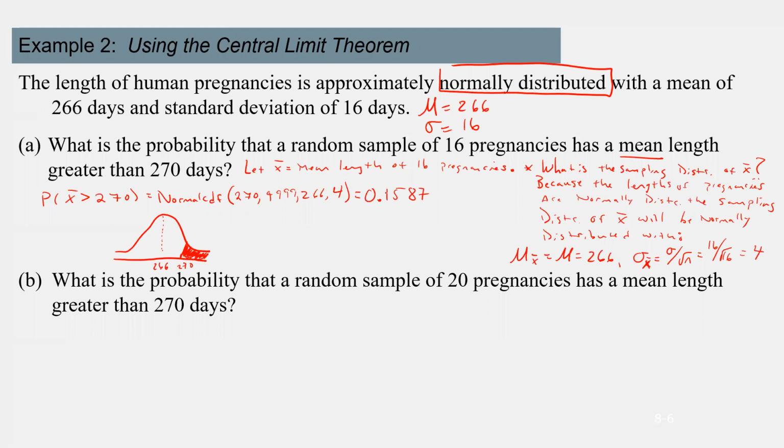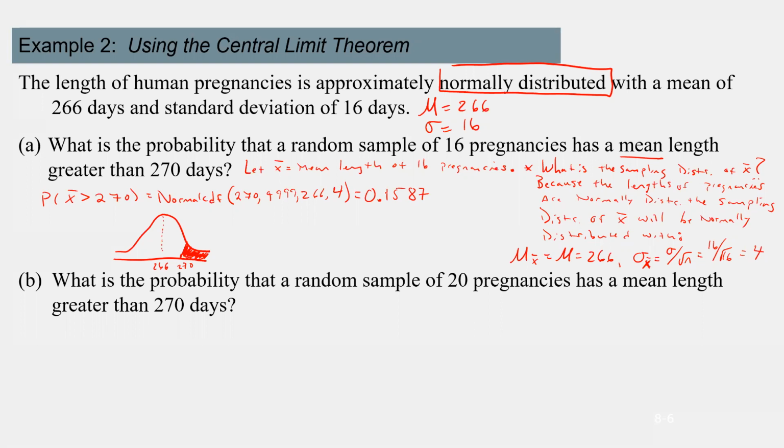All right, let's try this next one here. There's a subtle difference in this one. What is the probability that a random sample of 20 pregnancies has a mean length greater than 270? What's the subtle difference in this problem? How many pregnancies are we now?